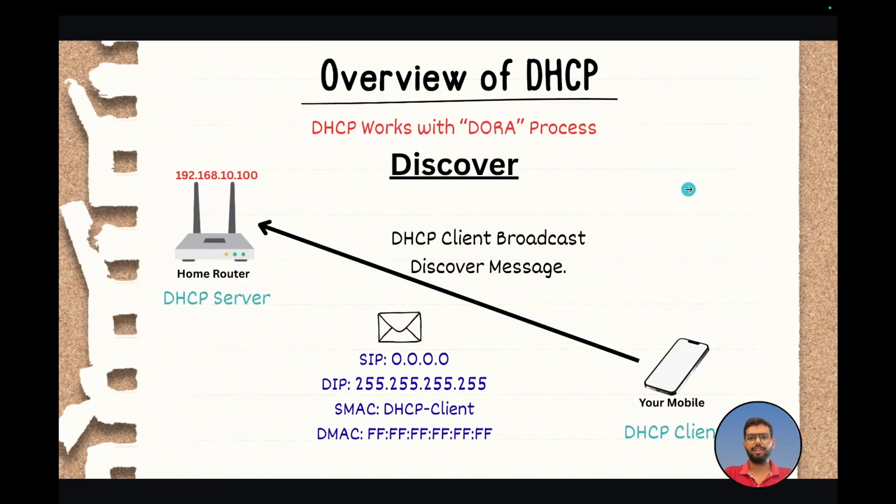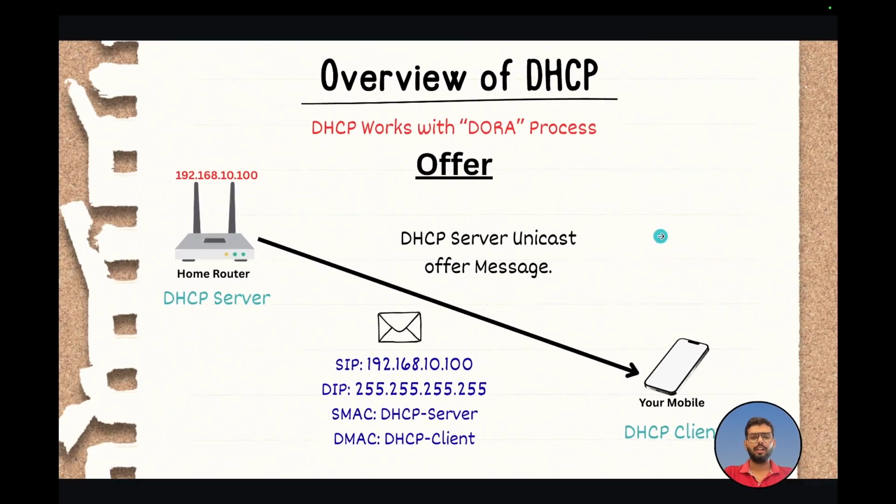Now let's see what happens in the next phase. The second phase of DHCP is called offer. In this phase, the DHCP server will unicast an offer message. When we request the IP, the offer message is like saying here is your IP, is that fine with you?